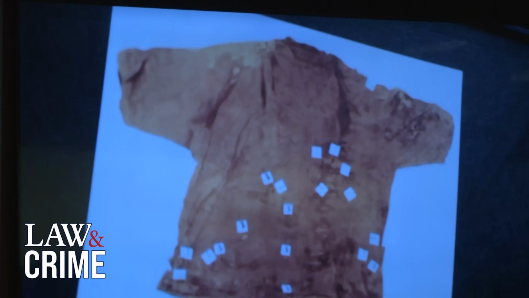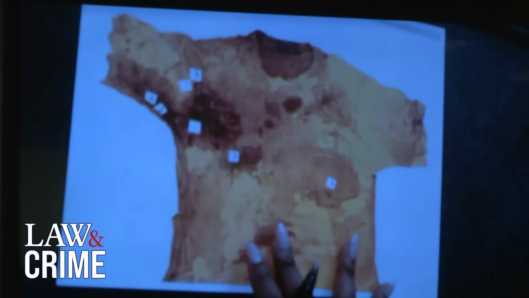I did not cut those. Okay. Thank you. And the next picture is exhibit number 23. Now, it looks like the same photo, but is this the front or the back of the shirt? This is the front of the shirt. Okay. And do those white squares also indicate holes in the clothing? Correct. Okay.